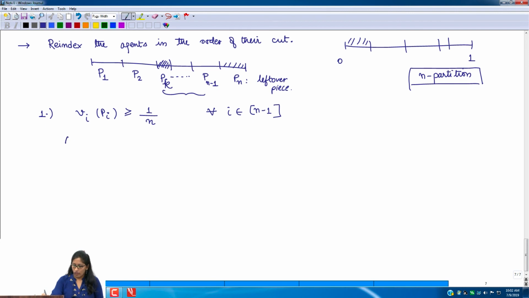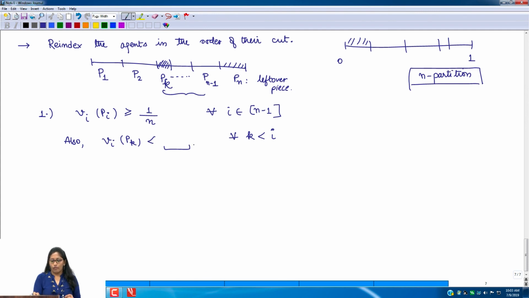Also note that Vi of Pk, for all k less than I. So can you fill up this particular thing? What should I write here? Agent I made the cut at the ith position because we have reindexed all the agents in the order of their cuts.